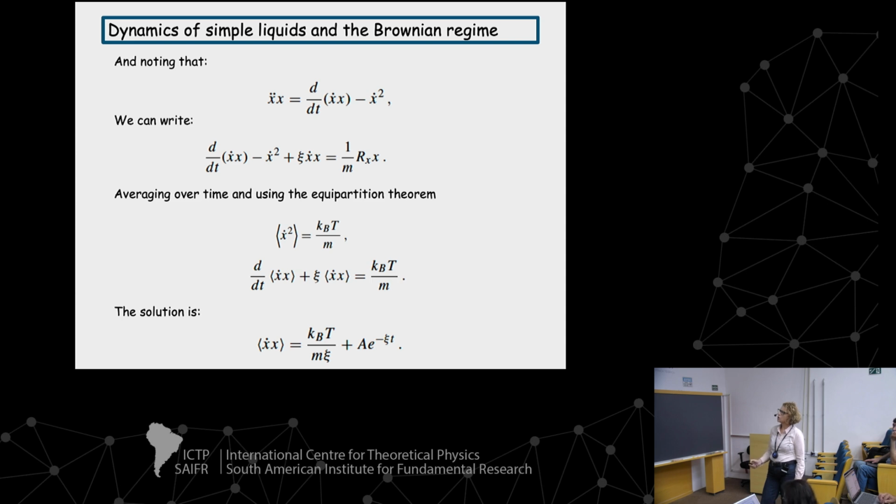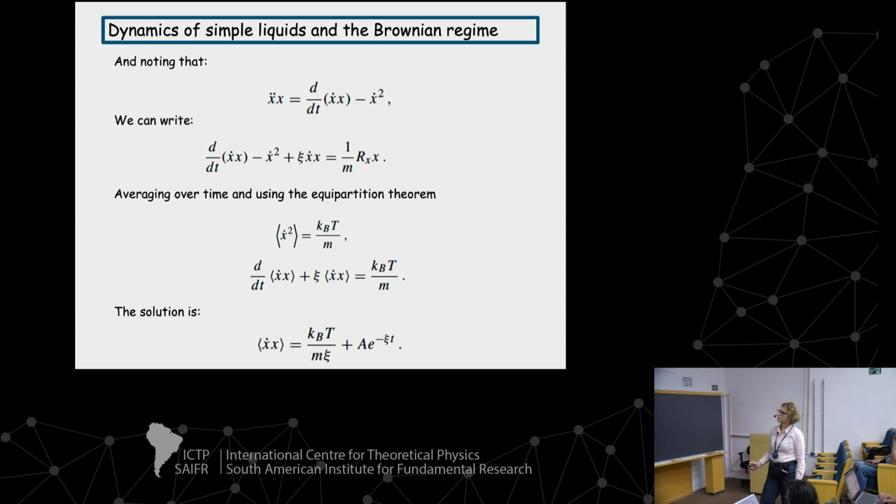The solution of this differential equation, if we eliminate the derivative over time, is this one, where now the average of x dot x is kBT over m xi, which was the friction coefficient, plus a constant, which is due to the integration, A e to the minus xi t.